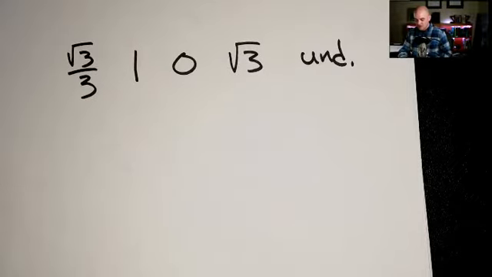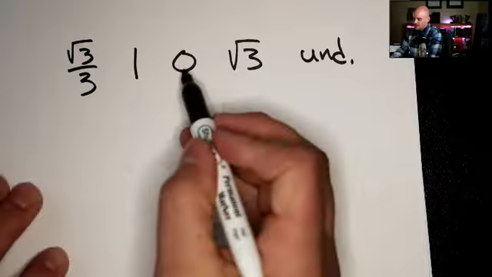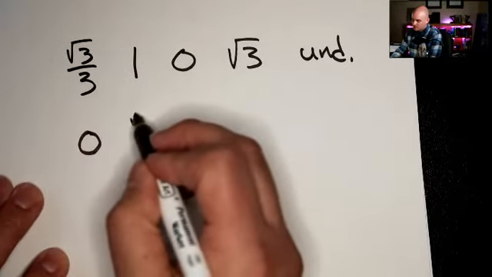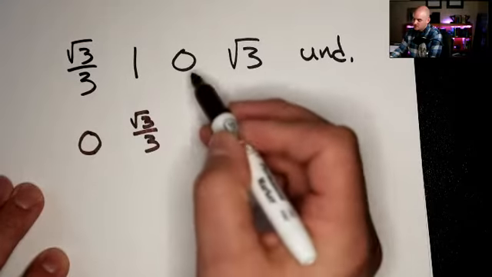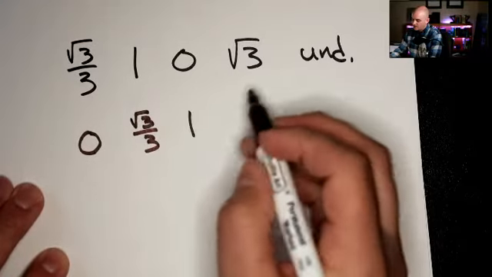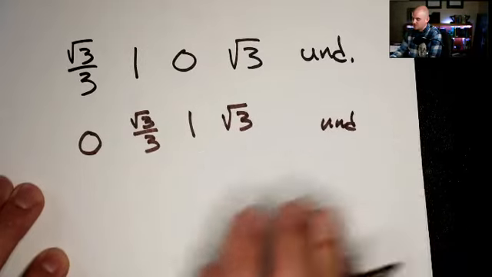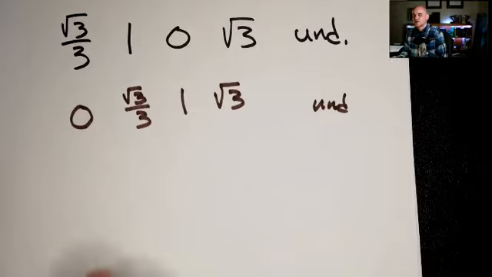So now I can put these in order pretty simply. I know that 0 is the smallest, and then I'm going to have root 3 over 3. Then I'm going to have 1, and then root 3. And then undefined is kind of out here. It doesn't belong there because you can't compare it to something else. But these are now in order, and that's very important when we start to look at this unit circle here.